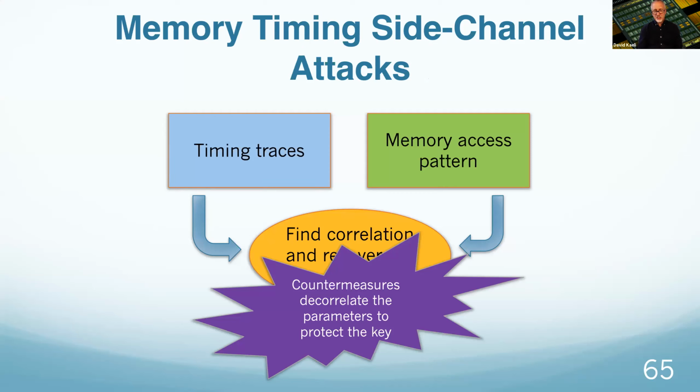How can I perturb some of those memory access patterns to decorrelate the parameters and protect the key? You still allow the attacker to collect traces, but because you introduce some non-uniformity in the memory access patterns, you're decorrelating the memory access pattern and the actual keys that are stored in memory.